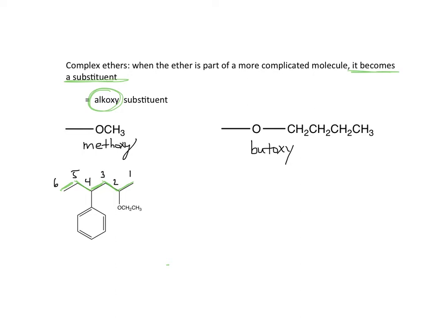So this is going to be 2-ethoxy-4-phenyl, P-H-E-N-Y-L, not phenol because that's with an OH, so 2-ethoxy-4-phenylhexane. It was a lot easier to do that than to try to name that giant hexane with a phenyl group as an alkyl substituent. That wasn't going to work very well.